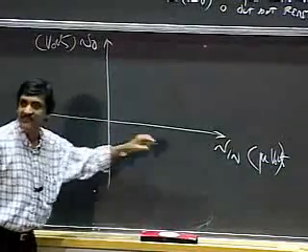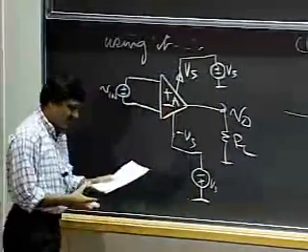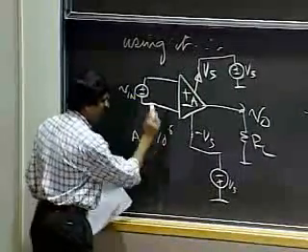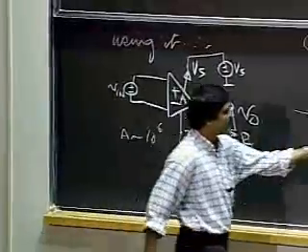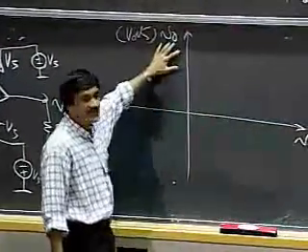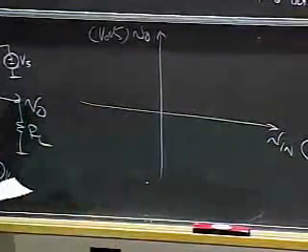V in is going to have a very, very small scale, in microvolts, because remember, the gain of this is huge. It's on the order of 10 to the 6. So small changes in V in are going to cause massive changes in VO. So I have a very fine scale on the x-axis.